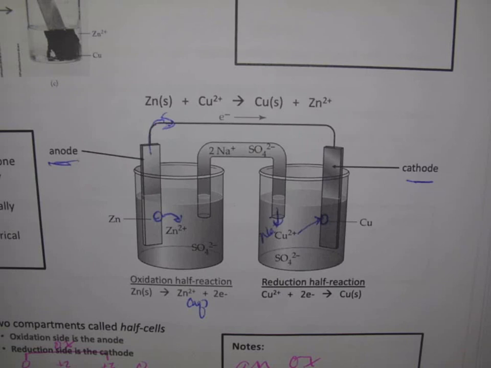a Q, we've made a Q value bigger than a K value, or, okay, trying to think of the best way to describe it. You know how when it was a common ion effect, if the ion got too concentrated, it would make it go back to being a solid? We're essentially stopping this reaction from happening.